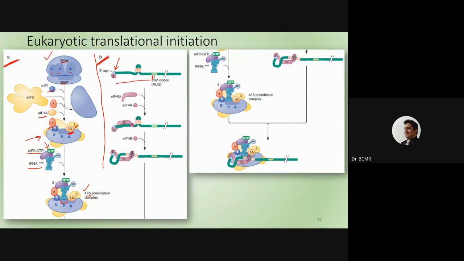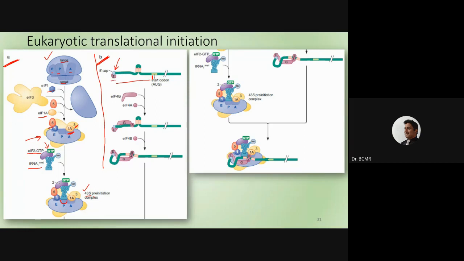And the Kozak sequence, or the ribosome binding site, is not as important or as influential as in the case of prokaryotic initiation. Here, there are multiple components that will actually become essential for initiation of translation in eukaryotes.